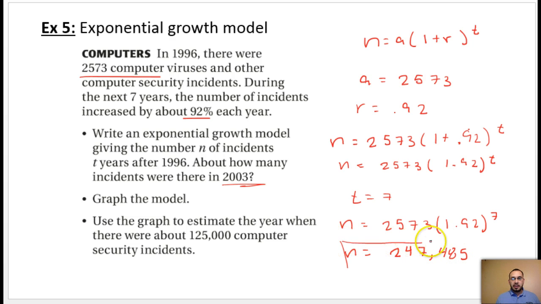So that is a big increase. There we go. Cool. So we can use the graphing calculator to also model this and make predictions. So we'll see that in class.